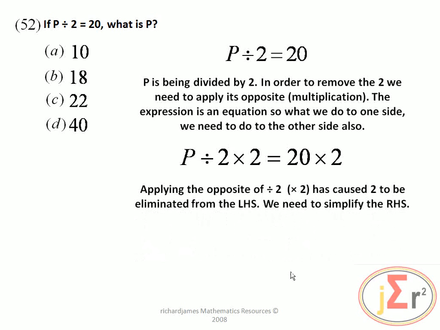Applying the opposite of dividing by 2, which is multiplying by 2, has caused 2 to be eliminated from the left hand side. We need to simplify the right hand side. So 20 multiplied by 2 is equal to 40, and that is option D.